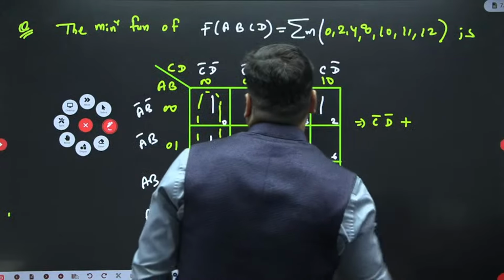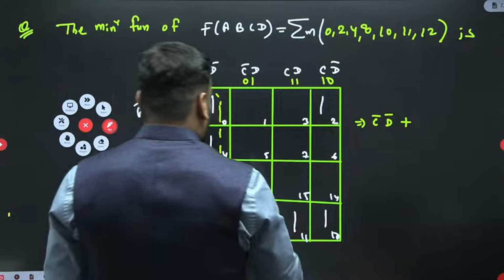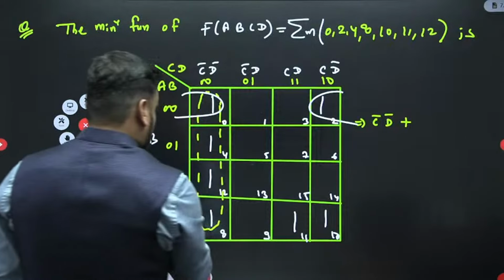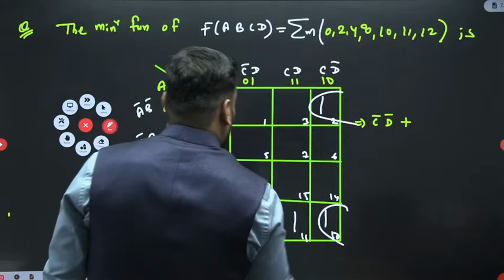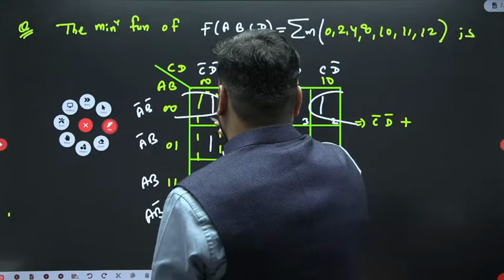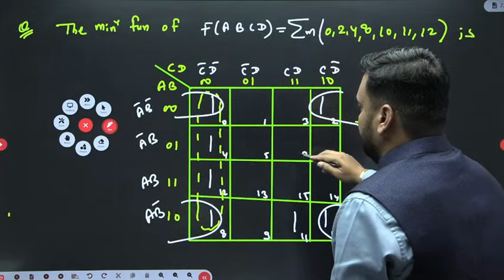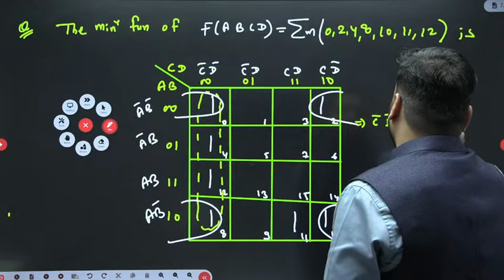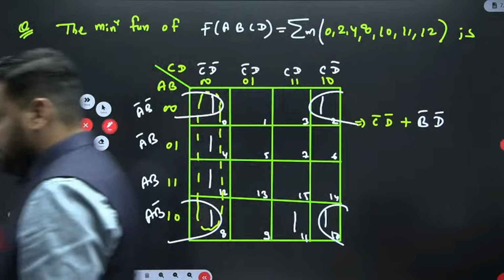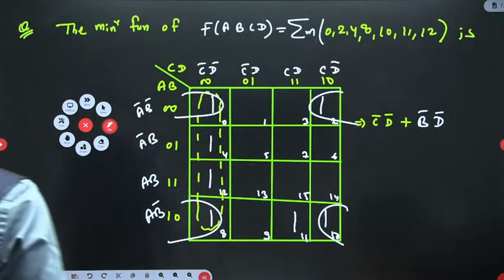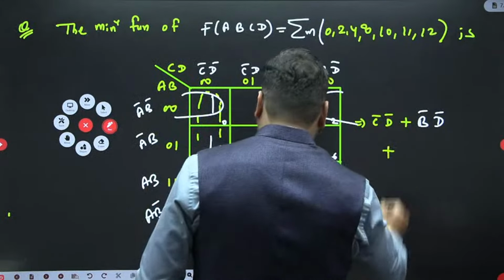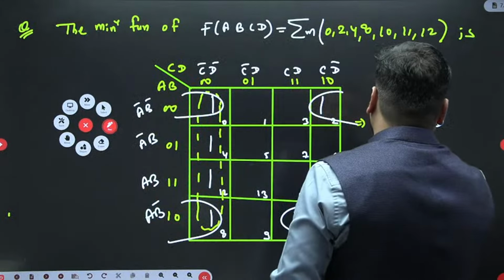Next, can I make a group of 4 corners also? Yes sir, 4 corners is also possible. If I make the 4 corners, I will get B bar D bar. And the last is this one, a 2-variable group, so the answer also includes A B bar C.